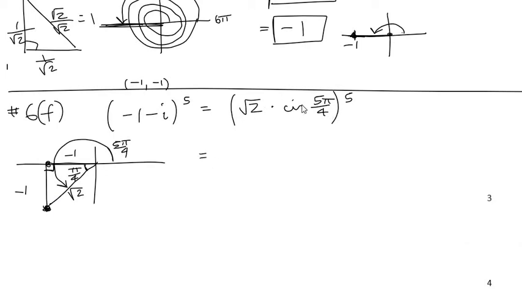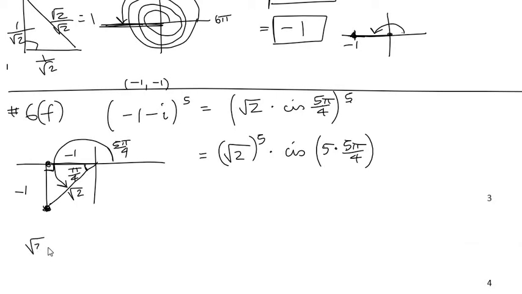How do you raise a number in modulus argument form to a power? Well, you raise the modulus to the power, so we're going to raise root 2 to the 5th power, and we multiply the argument by the power. So we're going to multiply 5pi/4 times 5. Right, so the exponent got multiplied times the angle, and we raised the modulus to that exponent.